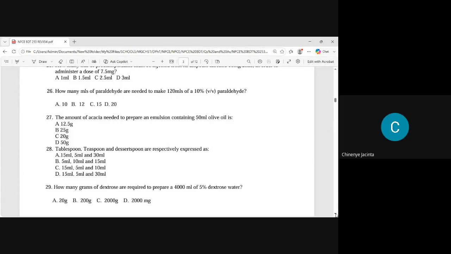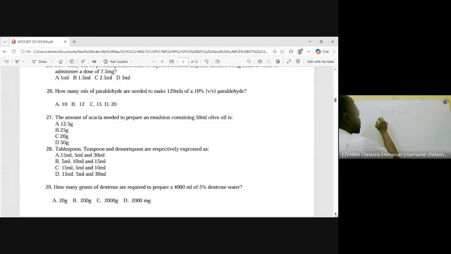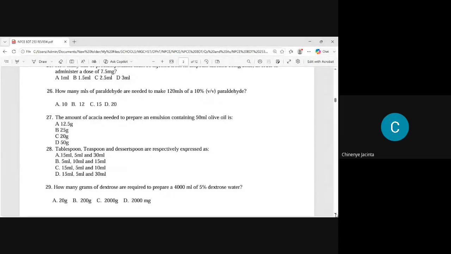So X to 120 mL. You cross multiply. We have 10 mL times 120 mL over 100 mL, which equals 1,200 mL over 100 mL. Zero cancels zero, which equals 12 mL. So the answer is B.